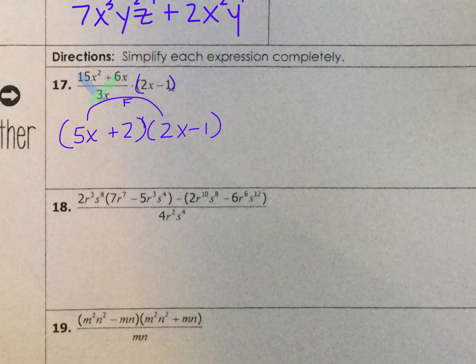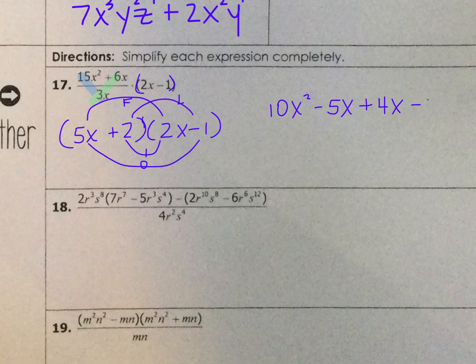F, 5 times 2 is 10x squared. O, 5 times negative 1 is negative 5x. I, 2 times 2 is positive 4x. L, 2 times negative 1 is negative 2.